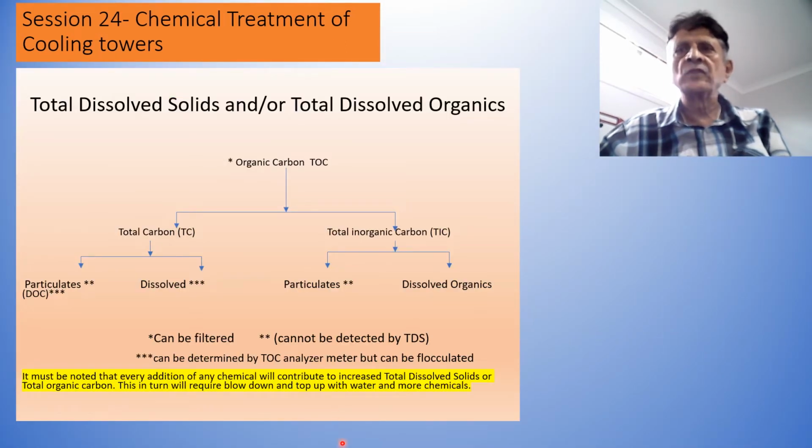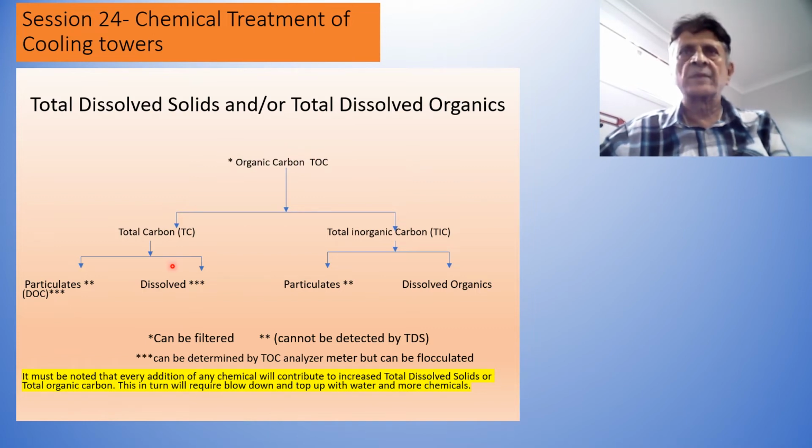As you know, when you top up or add chemicals such as biocides, antifoams, corrosion inhibitors, scaling inhibitors, etc., you are going to increase the total organic carbon load, of which there are different types.